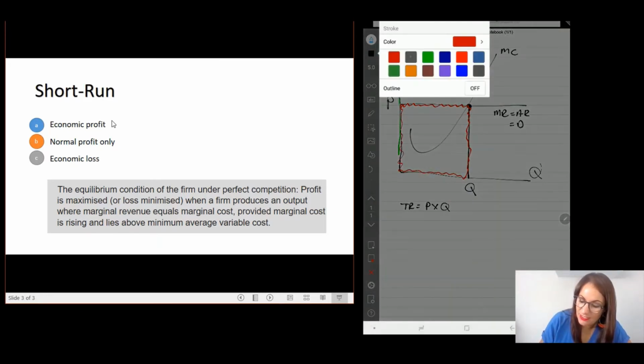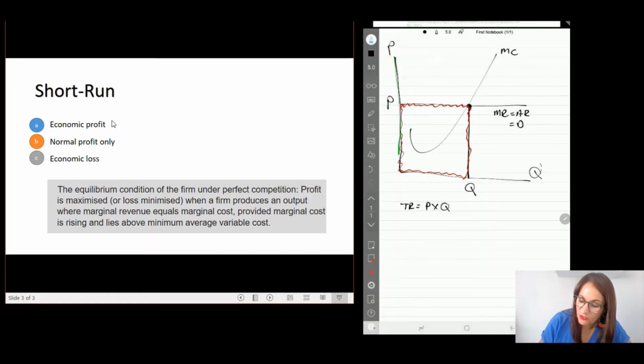When we are making an economic profit, your cost is lower than your revenue. That's why you draw your AC curve below your marginal revenue curve. That's your average cost. Then you see where the line that you drew from marginal cost to quantity cuts your AC curve. Then your total cost can be determined.